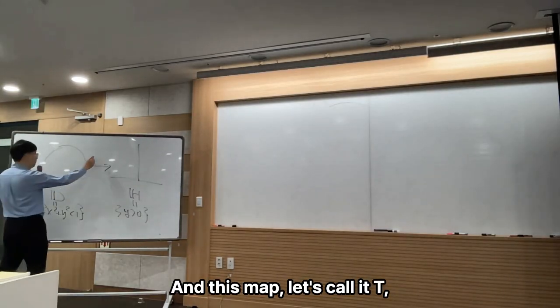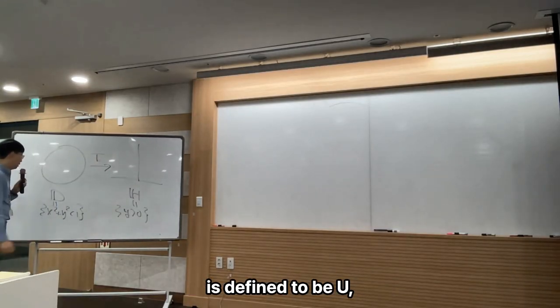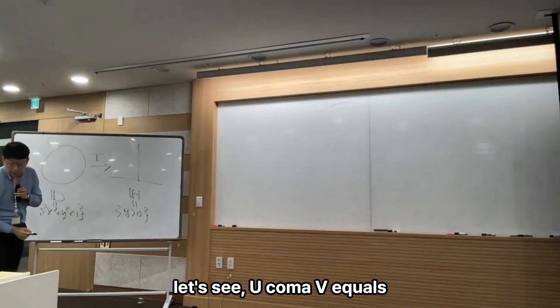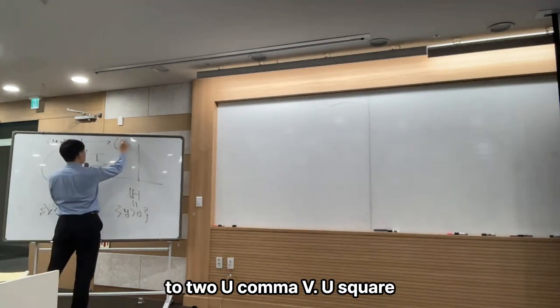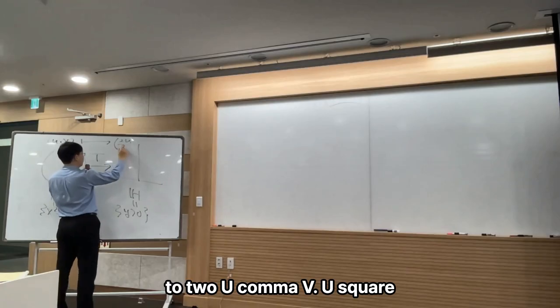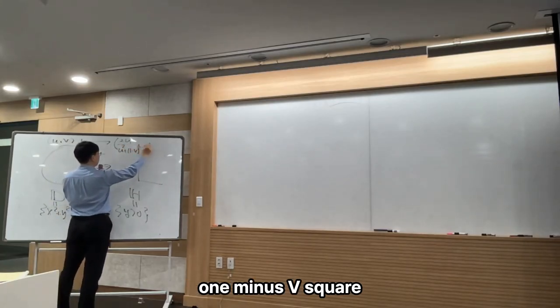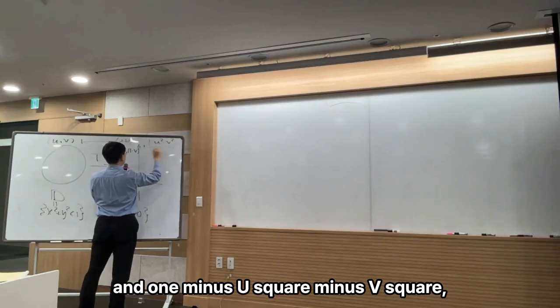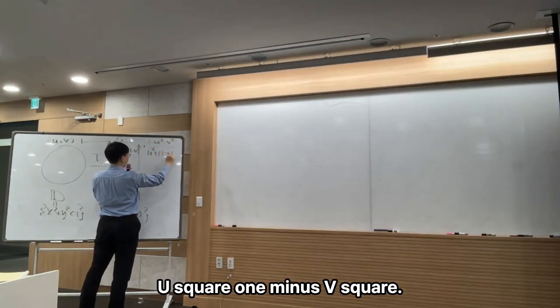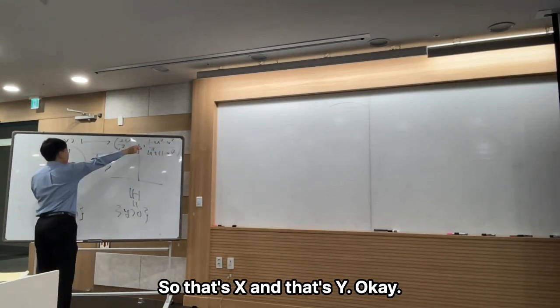And this map, let's call it T, is defined to be (u, v) goes to (2u(1 - v²) / (1 - u² - v²), ... ) so that's x and that's y.